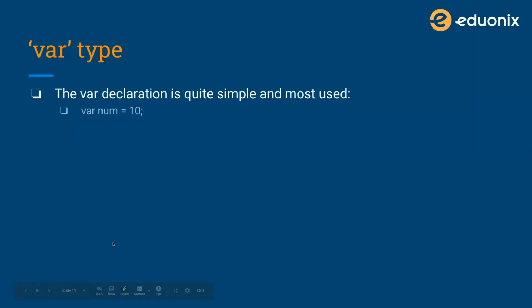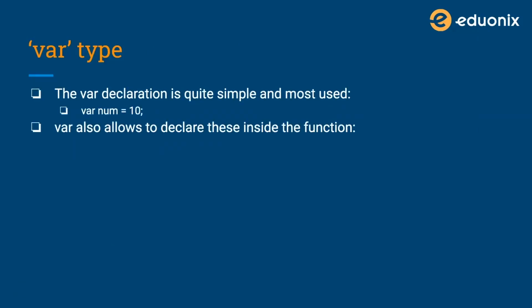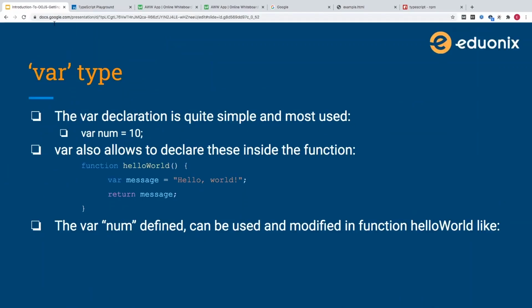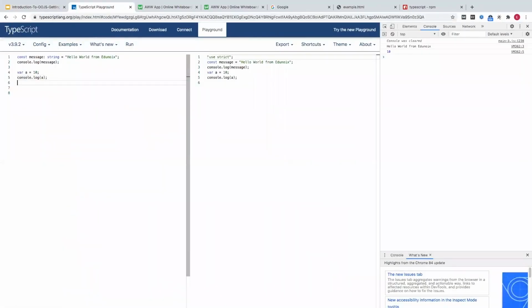So var. Simple and the most used. You can even have a function like this. If I have a var 10 and a function like this, this var is available and can be used anywhere. I'll give you an example, guys. Over here, if I write a function like hello world, correct guys?